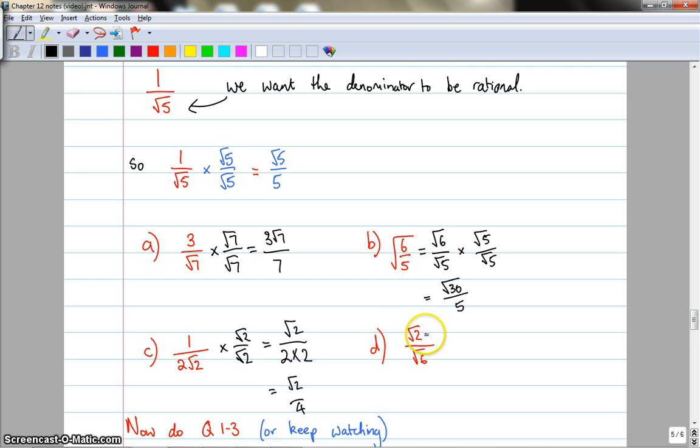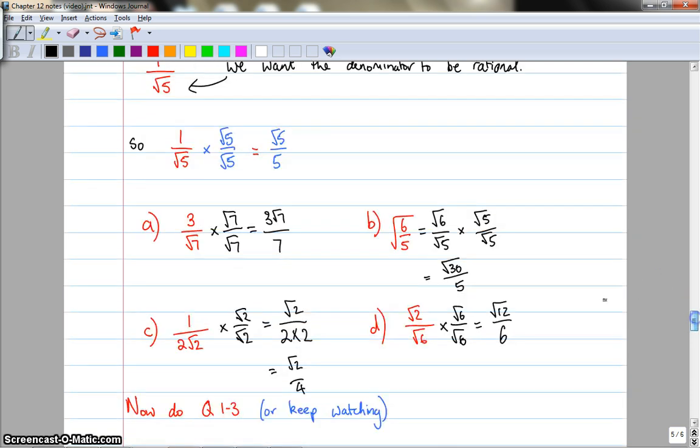Now D, root 2 on root 6, I'm going to multiply by root 6, and the top one I'm going to multiply by root 6 as well. That becomes root 12 over 6. Now I always think to myself, can I simplify root 12 by choosing a number up the top?